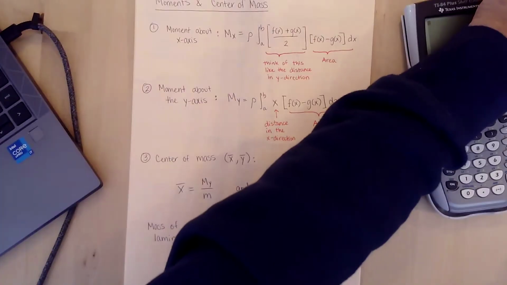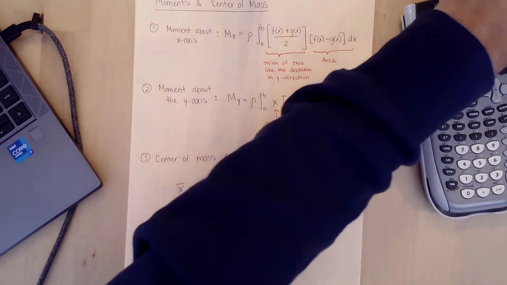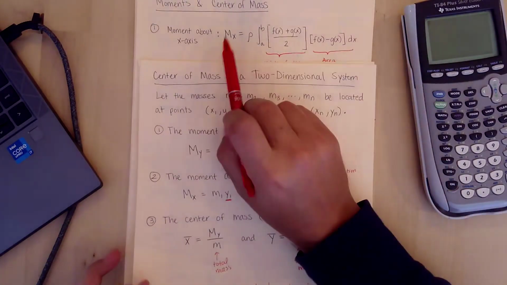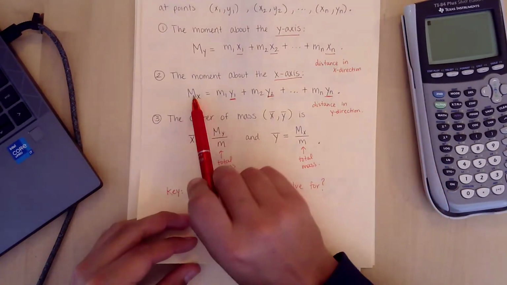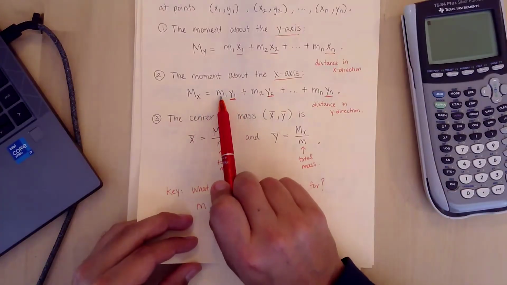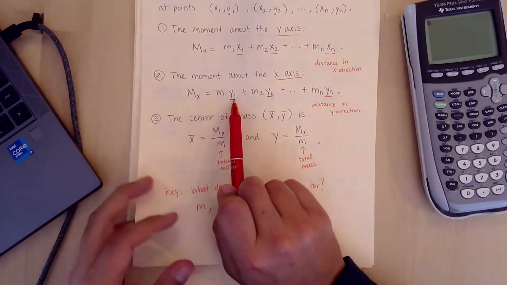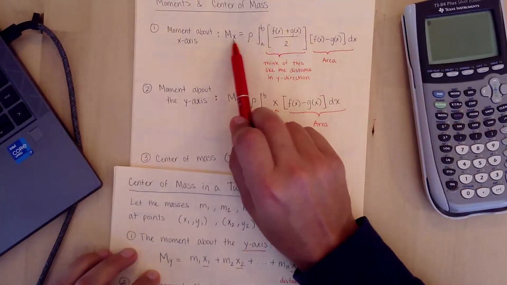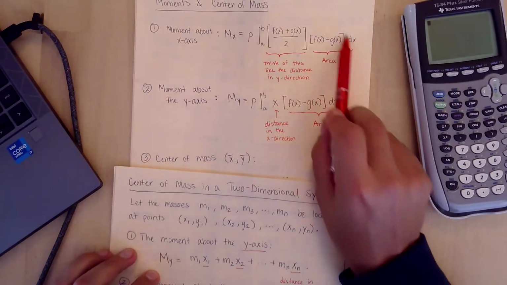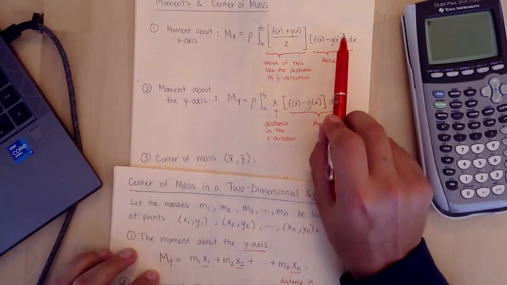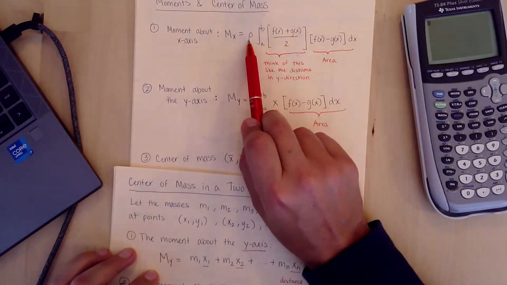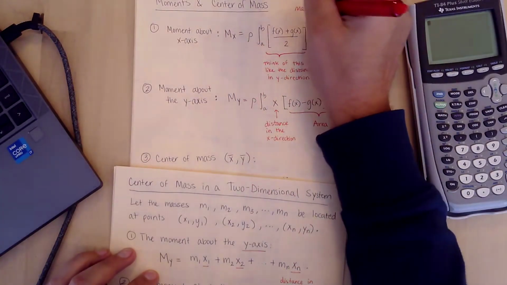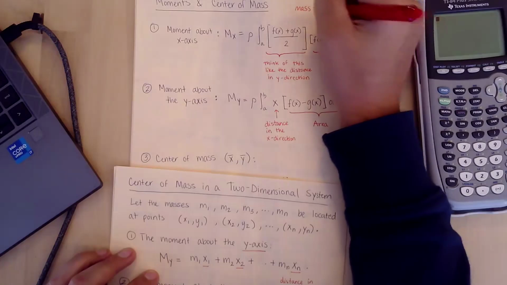So let me just really quickly look at our two-dimensional formulas here. If we're looking at the moment about the x-axis, notice that that was a mass times some distance in the y direction. Well, in this integral, the moment about the x-axis is some area times this density, which gives you a mass, since mass is equal to density times area.